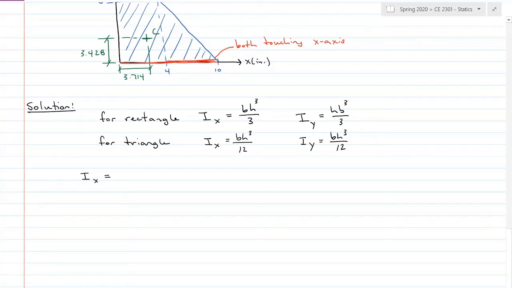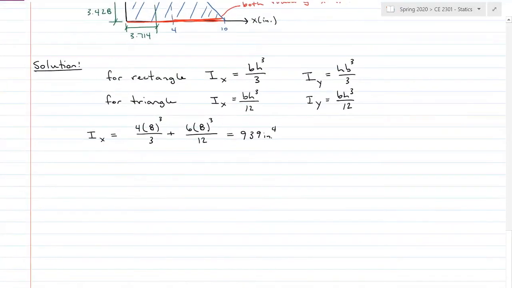So that's going to be base of 4, height of 8 for my rectangle, cubed, divided by 3, plus my triangle, which has a base of 10 minus 4, which is 6, times 8 cubed divided by 12. And this is equal to 939 inches to the 4th.